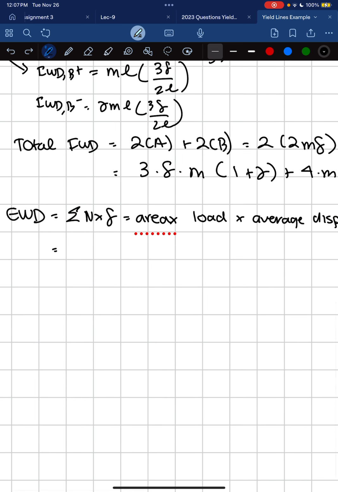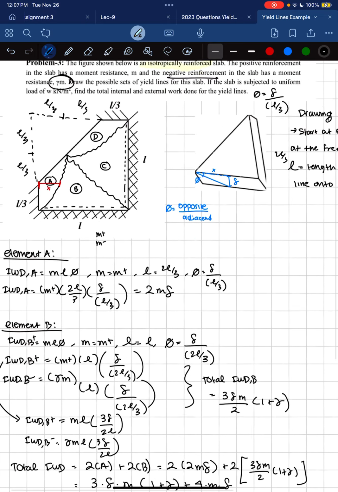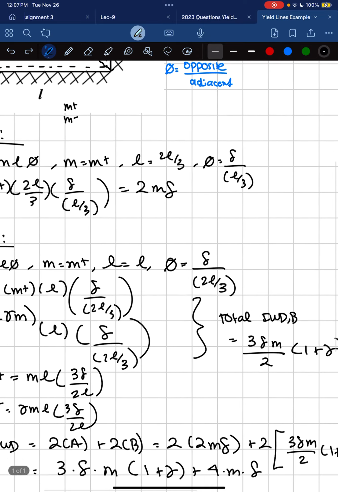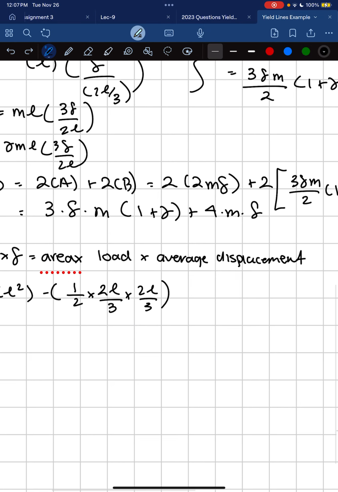So in that case, the area is just L squared minus L over 2 times 2L over 3 times 2L over 3. It's not L over 2, I meant half, because this thing is a triangle, so half, 2L over 3, 2L over 3. That's the formula. Yeah, so that's for the area, and then the load is just W.